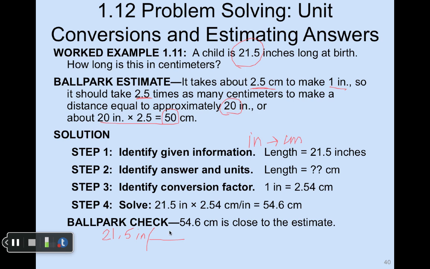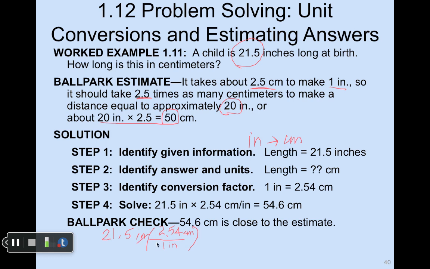And so the conversion factor that we need here is going to be given here in step 3. We're looking at 2.54 centimeters is equal to 1 inch. So that's an equality that equals 1, that ratio.